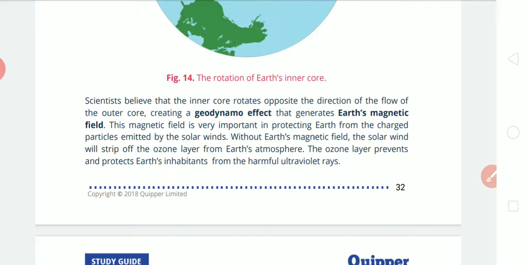Tapos ano daw? The inner core rotates in the opposite direction to the flow of the outer core. So bali kung unsay direction nga nag-rotate si outer core, i-counter siya ni inner core. Iyang gi-counter ang direction kung asa nag-rotate si outer core.